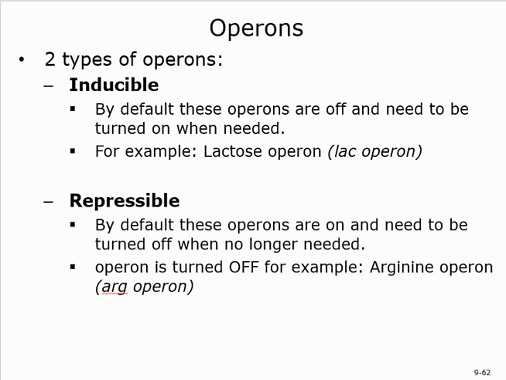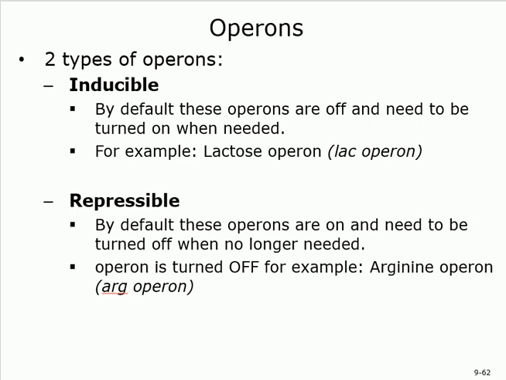So the operon can be inducible or repressible. Inducible means it's not working, it's off. This is normal, it's off, but you can induce it. So if you need it, induce it, like the lactose operon, for example. If you want lactose, you have to switch it on.